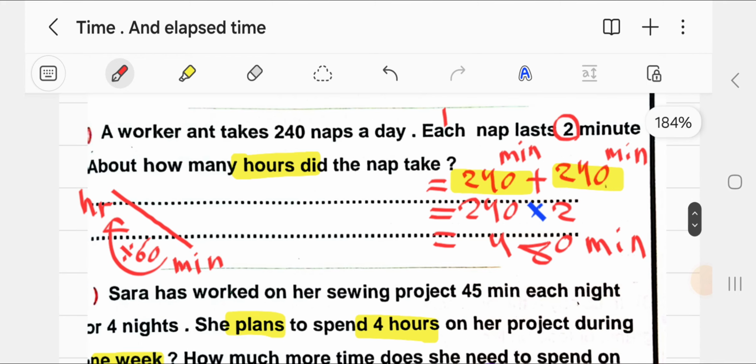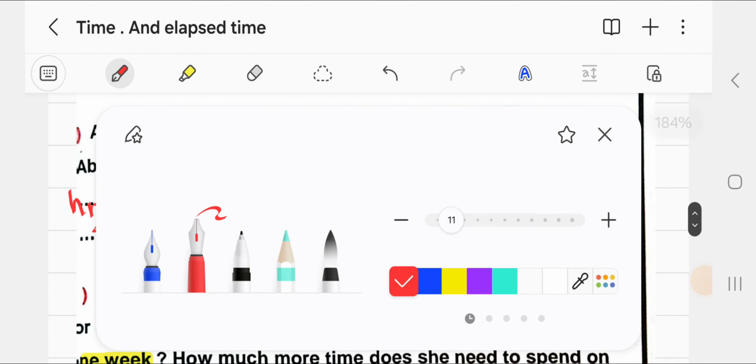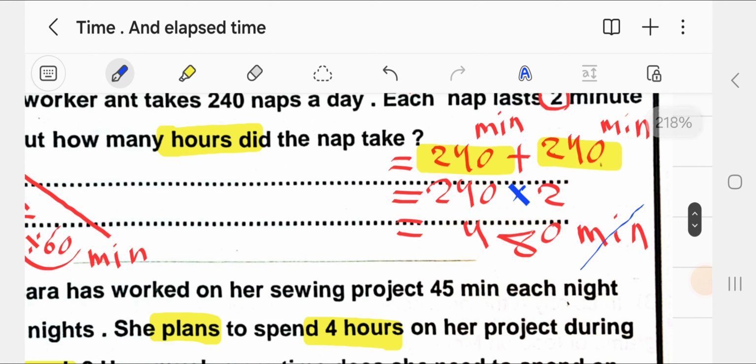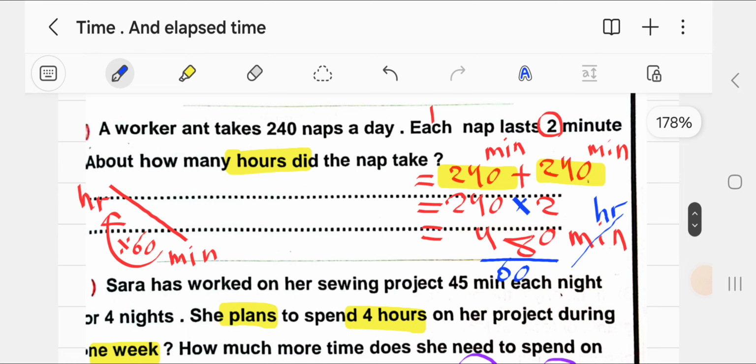So right now, I need to cancel this minute, and make it divided by 60 to become hour. تمام؟ مش احنا قلنا to convert لازم اعرف حاجتين. الحاجة الأولى timed ولا divided؟ أنا عرفت إنها divided عشان من الصغير للكبير. والرقم كام؟ الرقم 60، فأنا هعمل كده. يبقى هلغي المينت وأخليها hour by making divided 60.